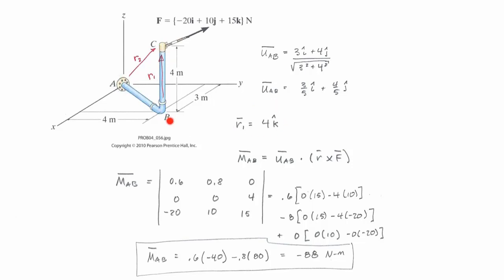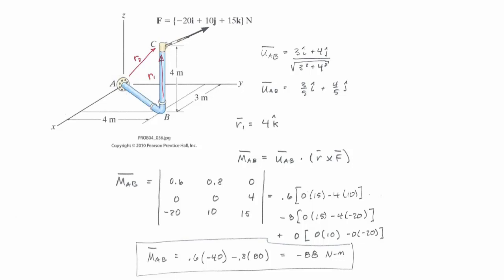The unit vector of AB is 0.6i plus 0.8j. The F vector was given here, so just plug that into your matrix, multiply it all out, and you get a magnitude. In this case, it is negative 88. Now, negative 88 would suggest that it is going in the opposite direction of positive AB.